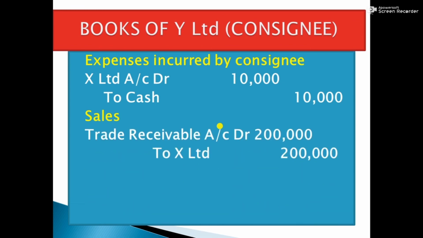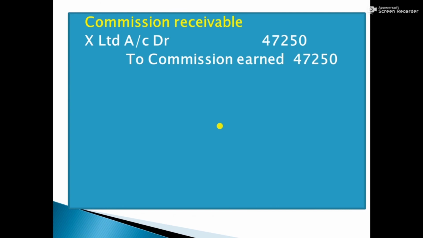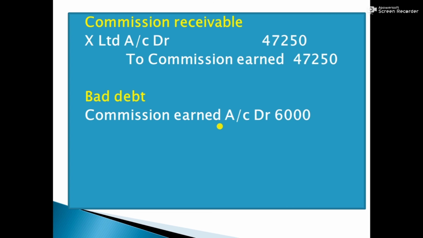Commission receivable, X Limited account debit, to commission earned 47,250. Since the del credere commission is received, therefore the bad debt is the risk of the consignee. He should bear the risk of bad debt. That should be adjusted with commission earned account debit, to trade receivable.